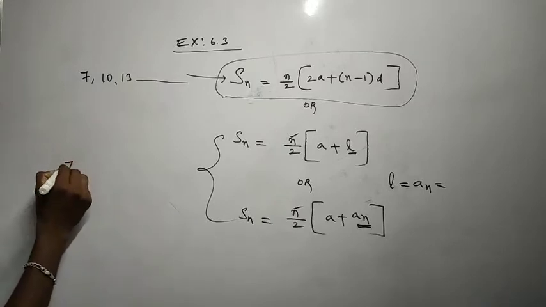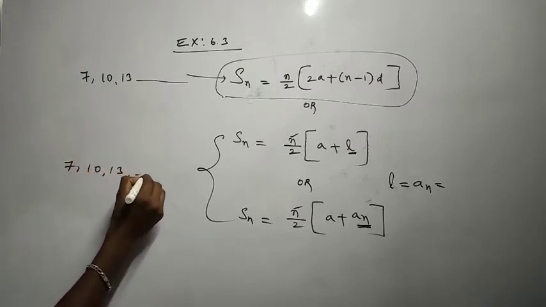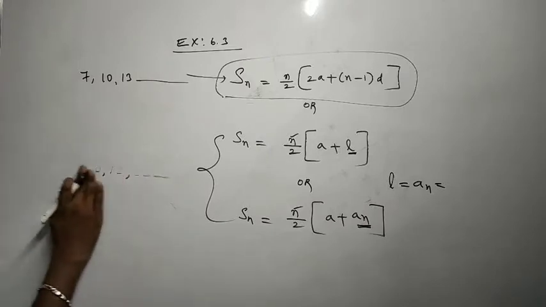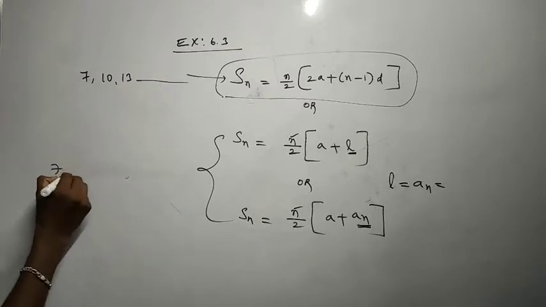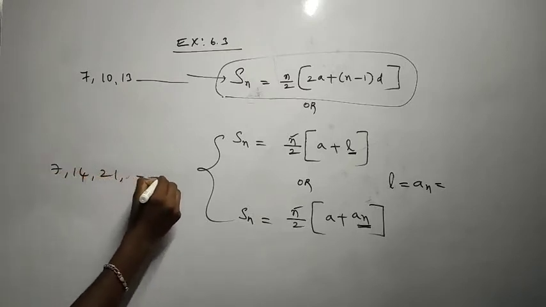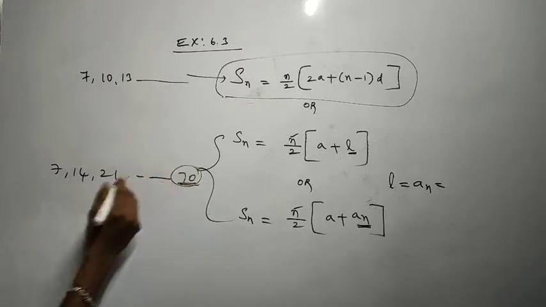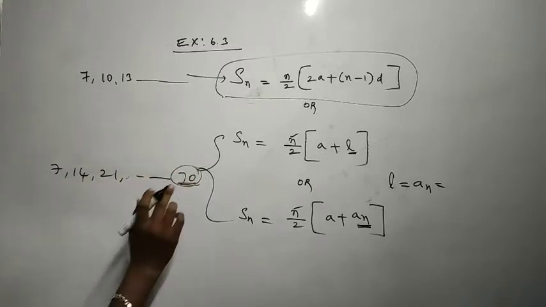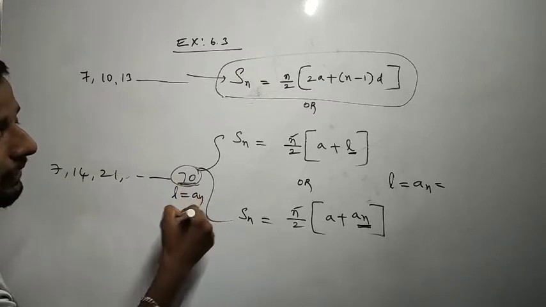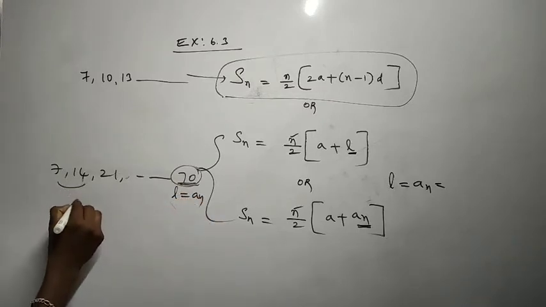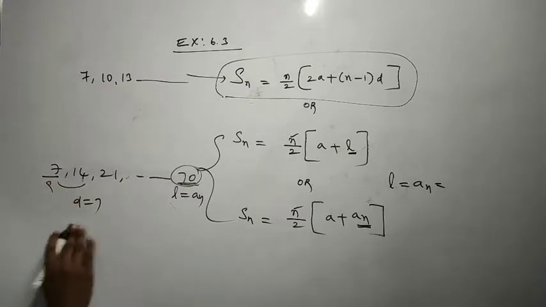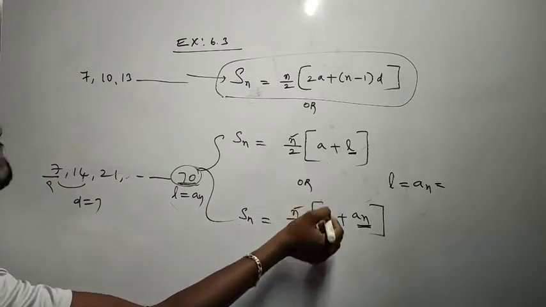Take the series 7, 14, 21, and so on up to 70. Here 70 is the last term. So we know l and an, the difference d is 7, and we know a. In these cases we use the last-term formula.